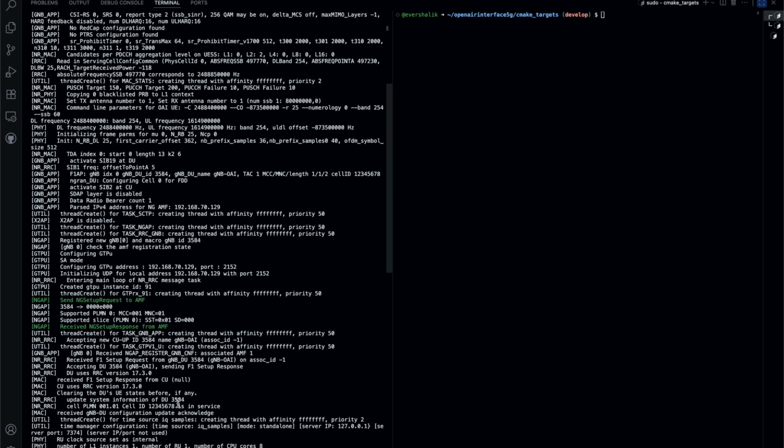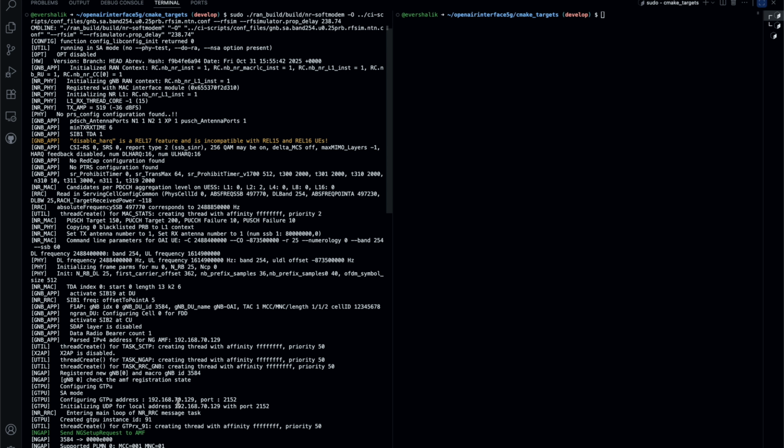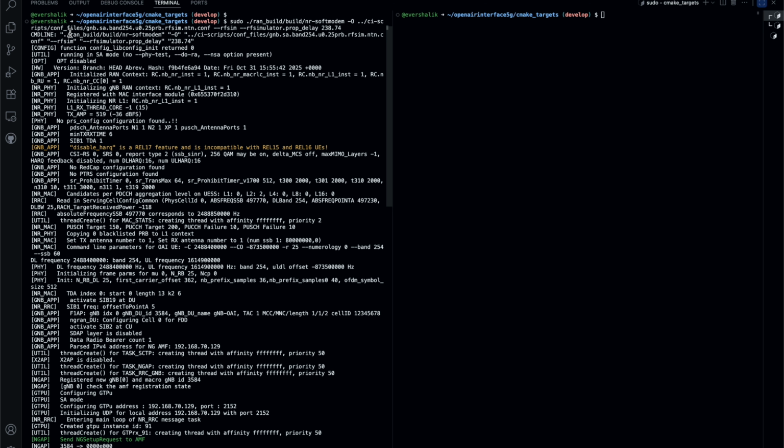If we go a little bit up, we can see the configuration we have used. For example, this is the command we are using, and these are the timing parameters that we have already discussed in that readme file itself. And if we go a bit down, then here we have the RX and TX, the number of antennas, and here we have the downlink frequency, the uplink frequency, and the band we are using here is 254, right?